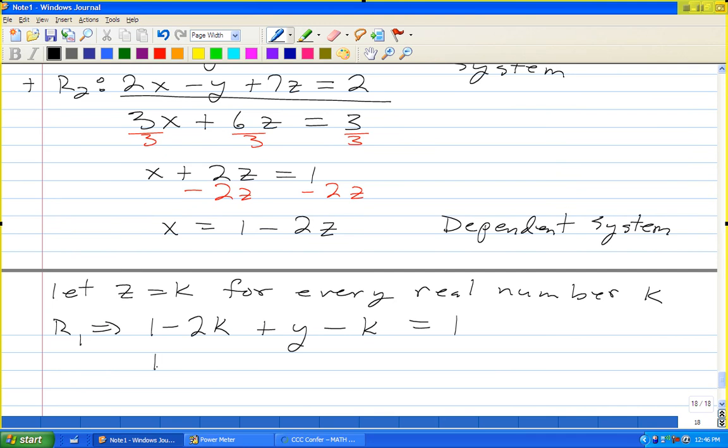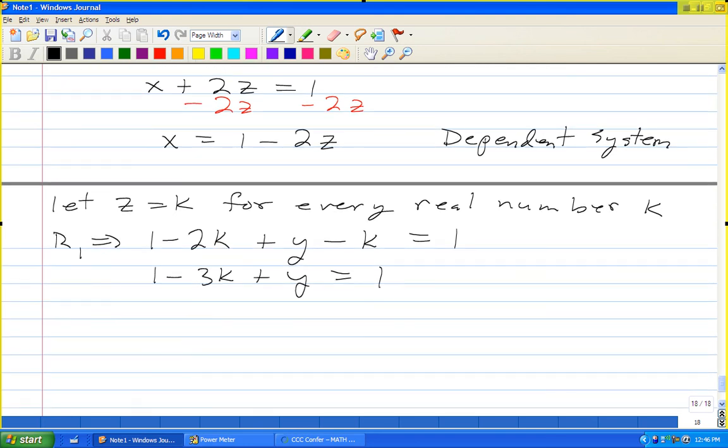And so I have 1 minus 3k plus y is 1. Subtract 1, add 3k to both sides of your equation. So I have that y equals 3k.